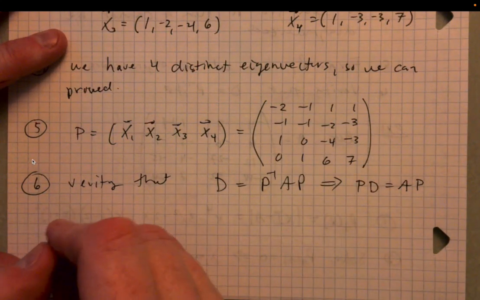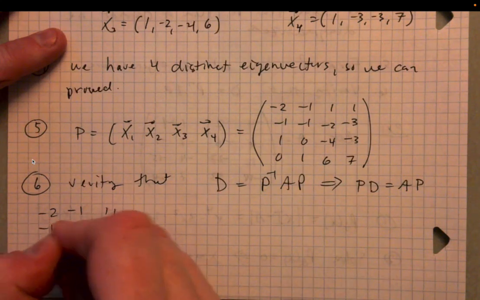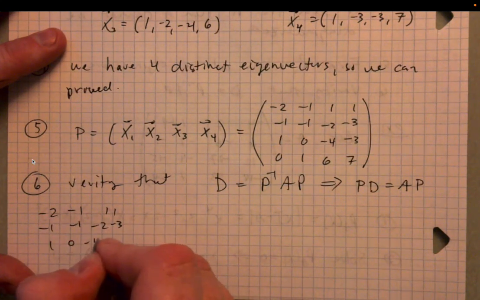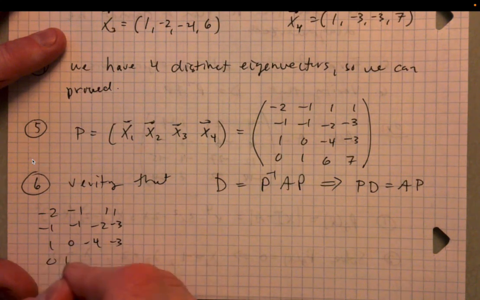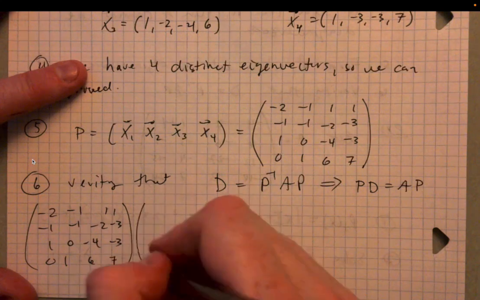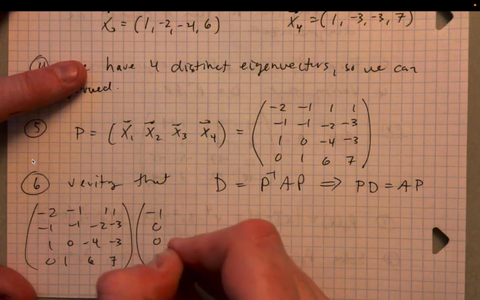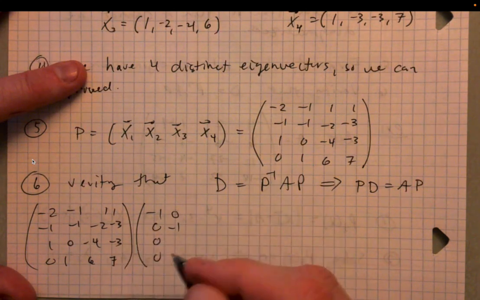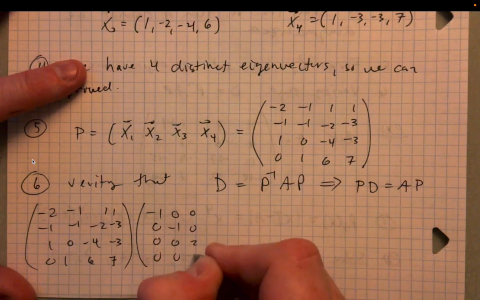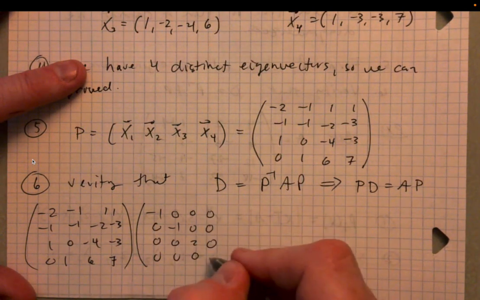So your P matrix is right here: -2, -1, 1, 1, -1, -1, -2, -3, 1, 0, -4, -3, 0, 1, 6, 7. And then your diagonal matrix is just going to be -1, 0, 0, 0, 0, -1, 0, 0, 0, 0, 2, 0, and then 0, 0, 0.